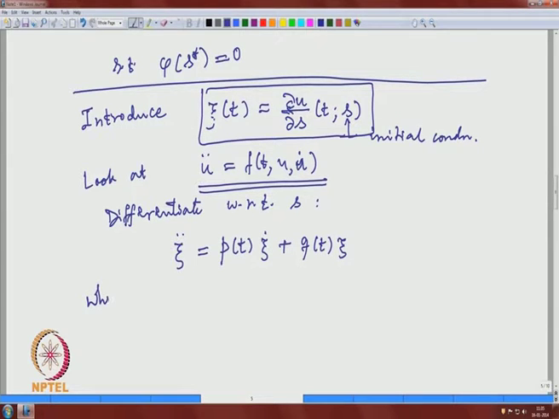Where p(t) is just coming from differentiating the right hand side with respect to s, using implicit differentiation. So, this is what you get. So, d f by d u dot. So, now let me write everything once, then it is understood.